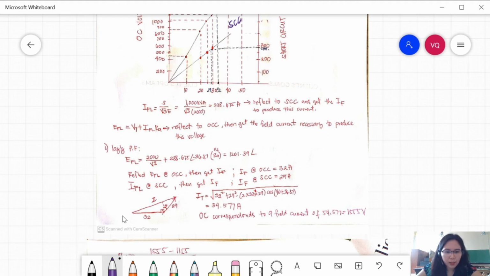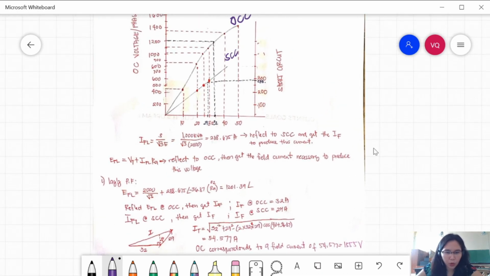So this triangle, we will reflect it to our graph like we did in our previous examples. So if we will reflect this triangle here, its corresponding value of I is OC corresponds to a field current of 54.577, that is equal to 1,555 volts.